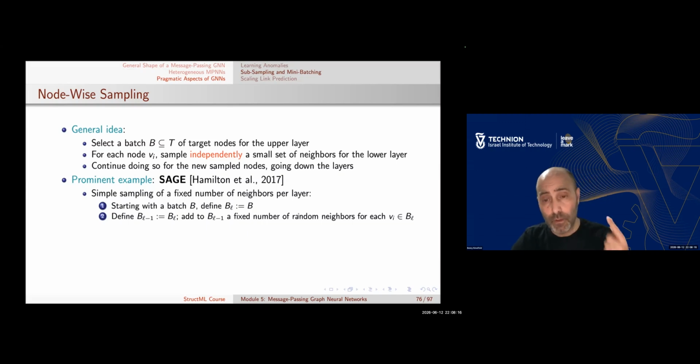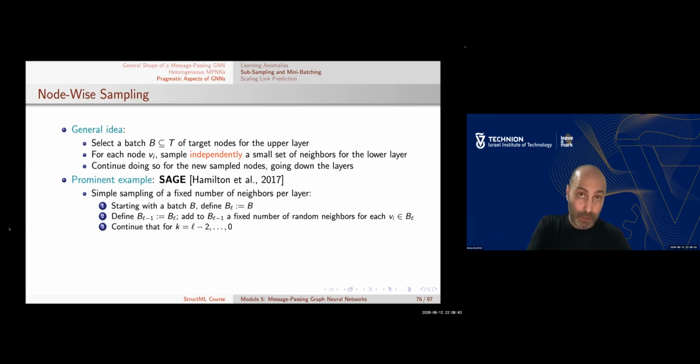How do we do this? Well, we start with BL minus 1 equal BL, and we add to it a fixed number of random neighbors for every node in the batch, and then we continue doing so for L minus 2 all the way to the input layer. Okay, so every layer has more nodes, and it's basically the upper layer plus neighborhood.